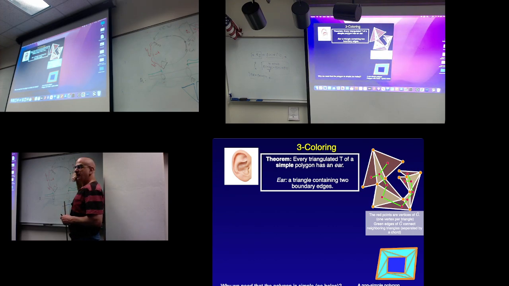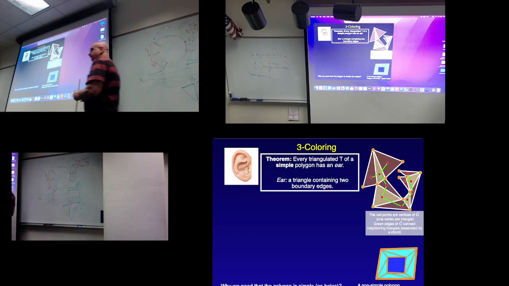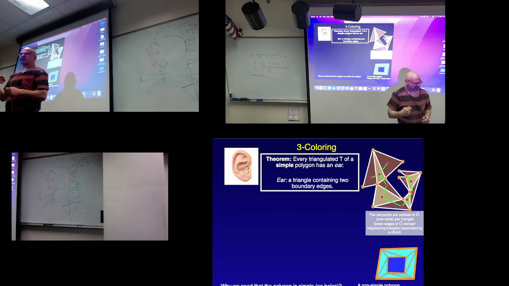And that's how I created the vertices, and now I need to create the edges. How do I do it? Every two faces that share a boundary between them, with a common edge between them, I'll connect by an edge. Okay, and that's how I create a dual graph.